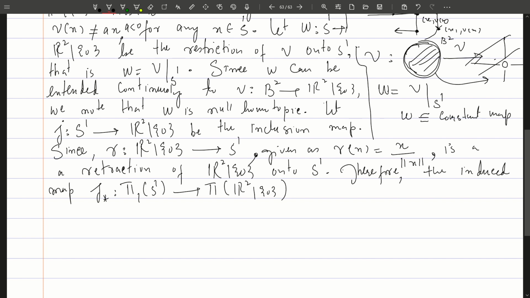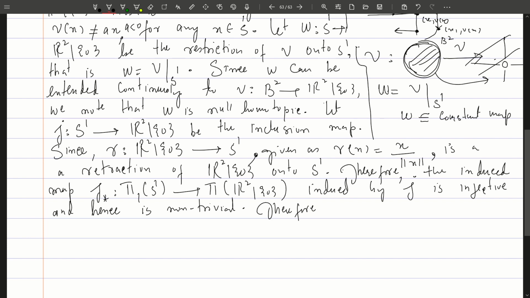So the induced map J star induced by J is injective, and hence non-trivial. Therefore this map J is not null homotopic.